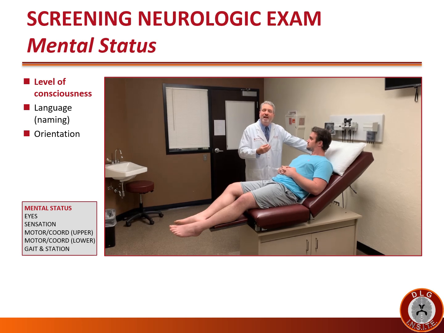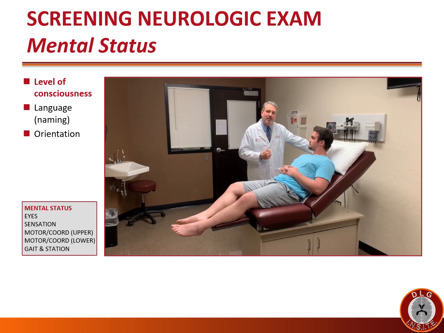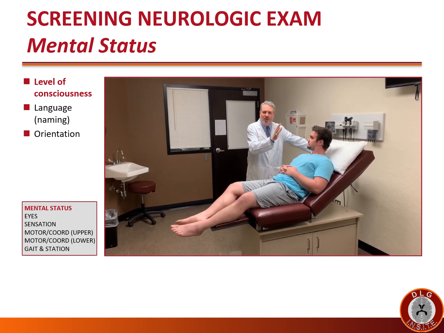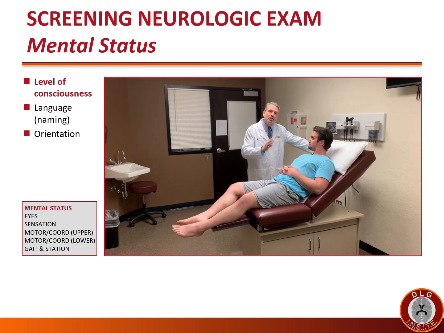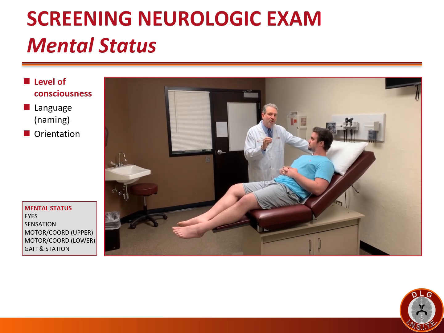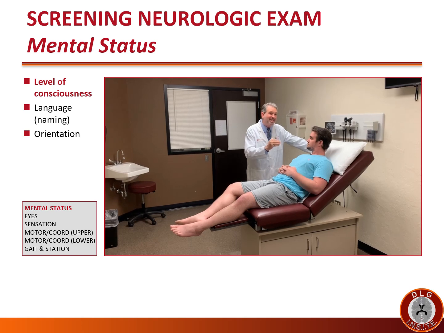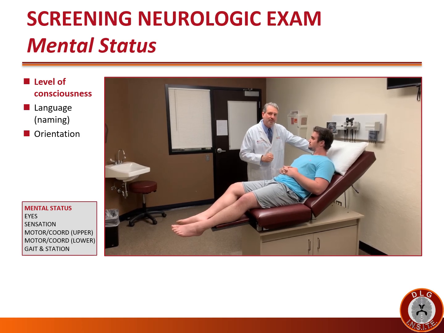Or do you need painful stimuli to arouse? Or does he not arouse at all? So these are the kind of ways you describe level of consciousness. They are divided by some into drowsy or lethargy, which is about the same thing, stupor or coma, but it's best to use just regular language and describe specifically what stimulus aroused the patient.